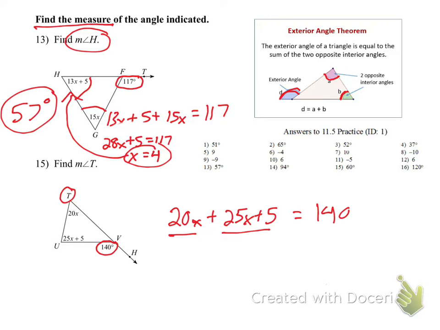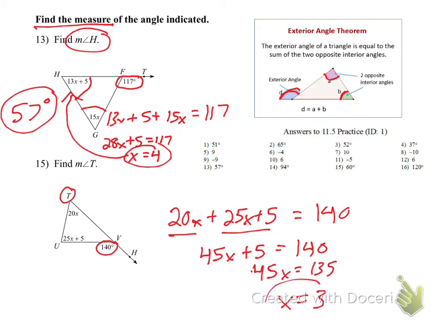Combine like terms and I get 45x plus 5 is equal to 140. I'm going to minus the 5, so 45x is equal to 135. 135 divided by 45 is going to be equal to 3. So x is equal to 3.